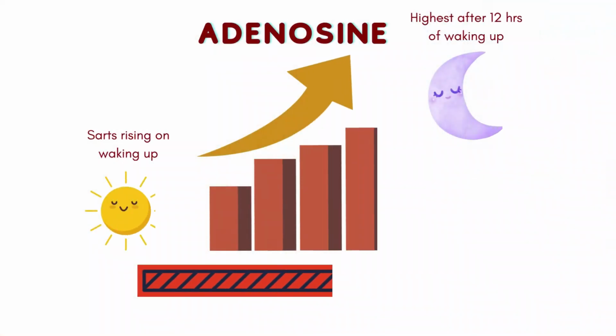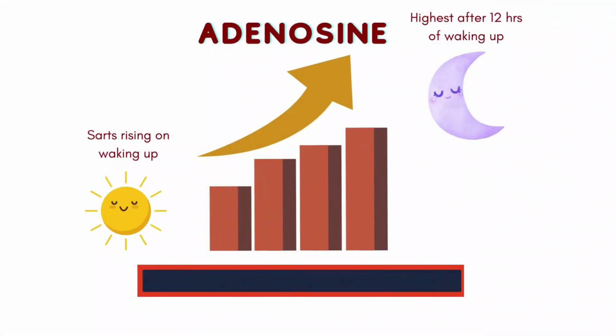The adenosine sleep pressure system works similarly, and it works in synchrony with our circadian rhythm. So adenosine is this chemical that starts to build up in our bodies as soon as we wake up. So from the moment we wake up, there is a steady rise of the amount of adenosine in our body system. So the longer we stay awake, the more the adenosine builds up.